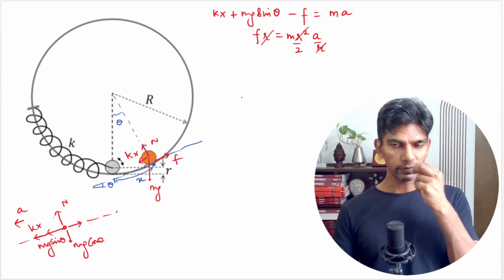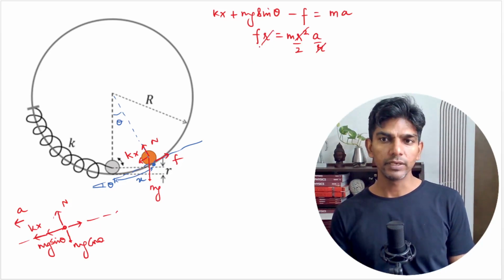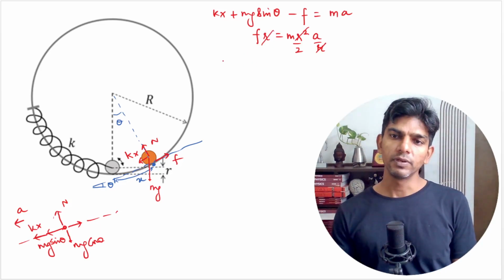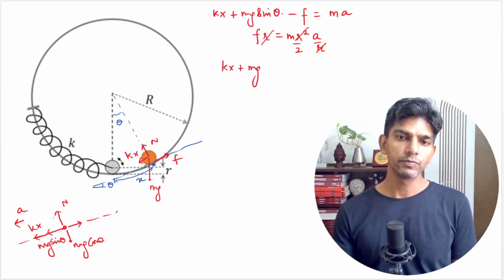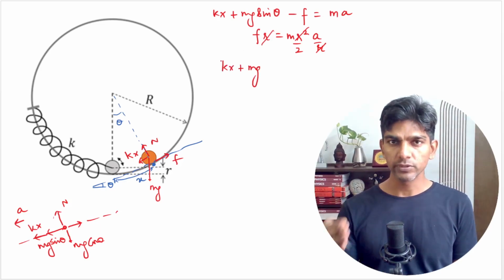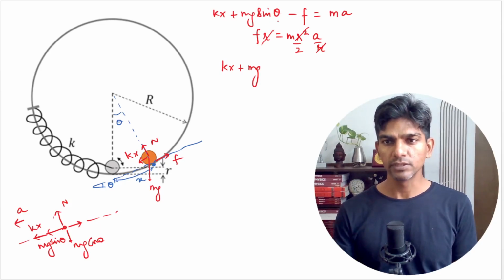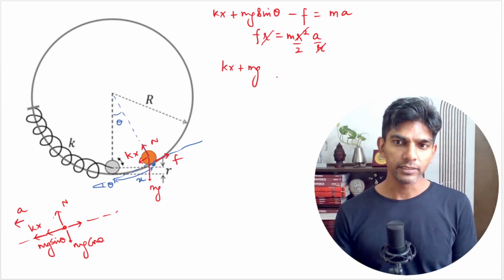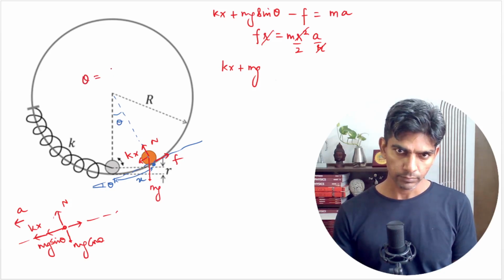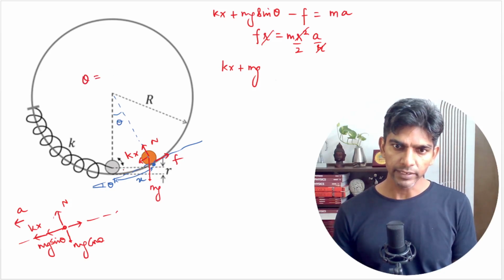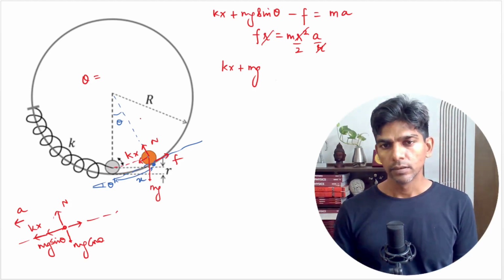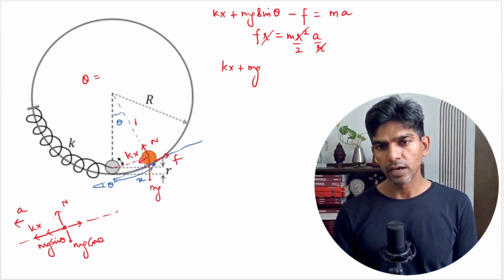Now from these two equations, if we add them, we can eliminate friction. So we will get kx plus mg sin theta, and since theta is very small, because for small oscillation we have to calculate the angular frequency, we can write sin theta as theta. Theta from this diagram can be written as x divided by capital R minus small r, because the radius of the circular arc in which the center of mass is moving is R minus small r.